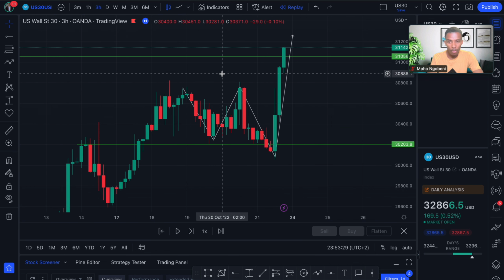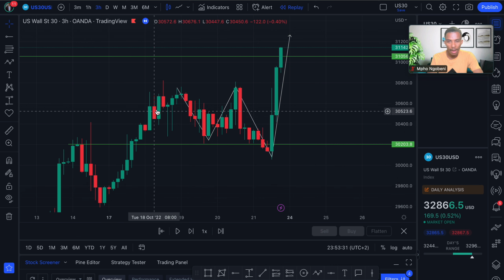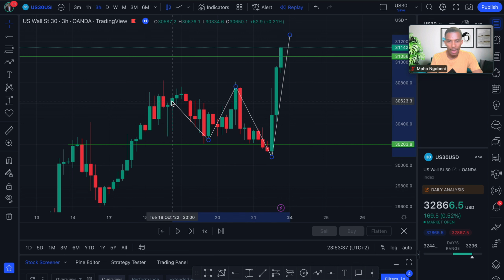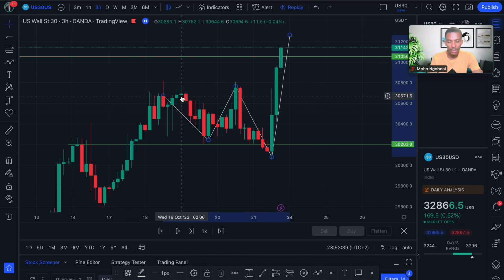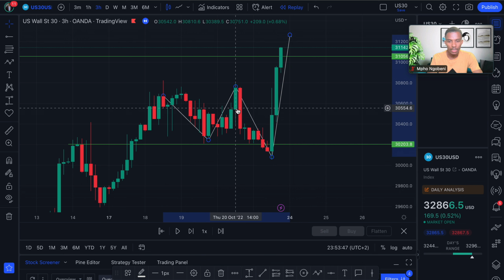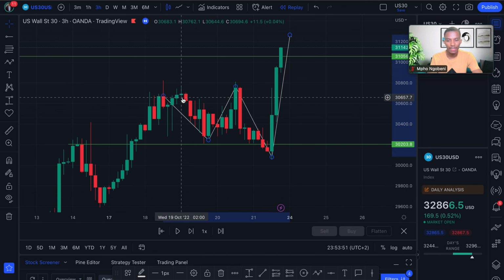But how it formed, as you know, we've been headed up, and then on the 19th we created a high. It went down, it created a low on the 19th, and then on the 20th we came to retest the high of the 19th.